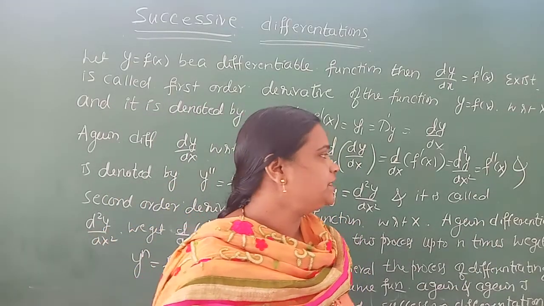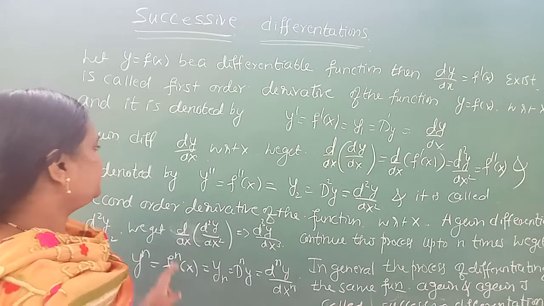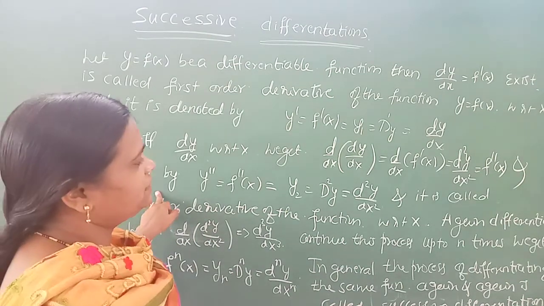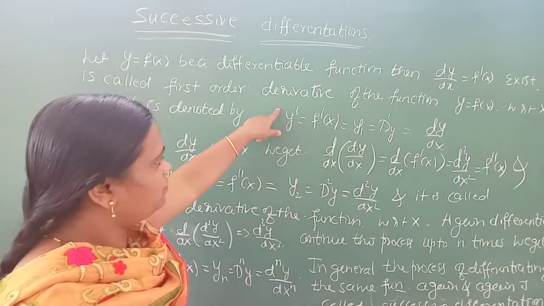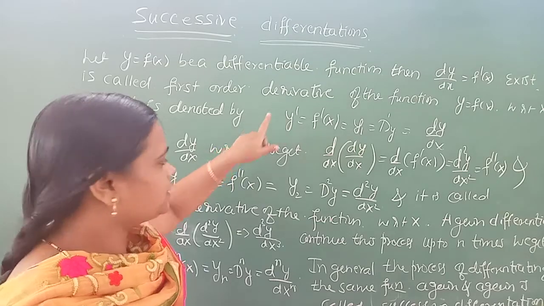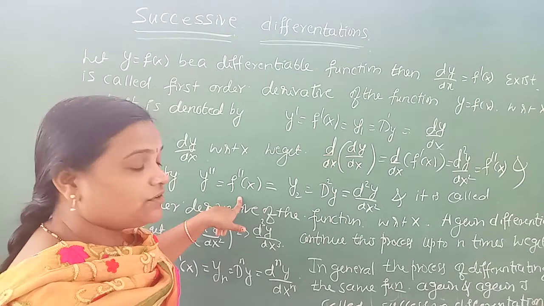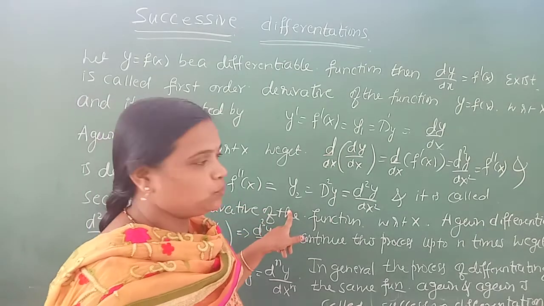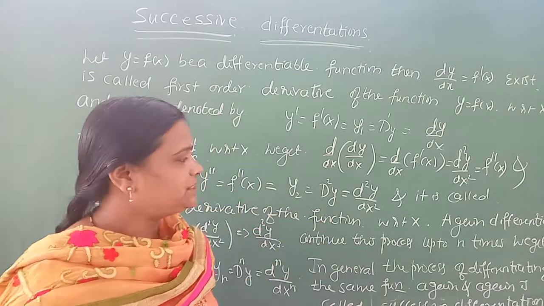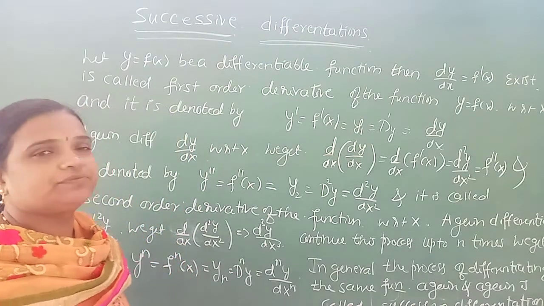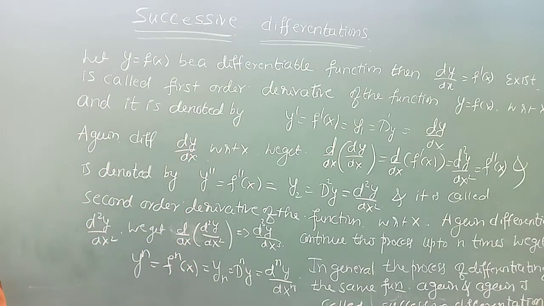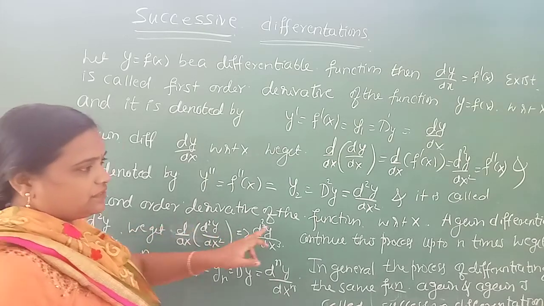First time we are doing the differentiation, y1 we can represent. Second time means y double dash, f double dash of x, y2 or d2y by dx square. This is the second order derivative of the function.